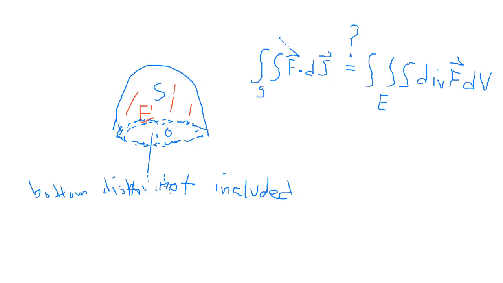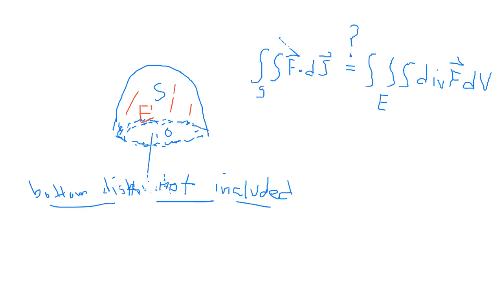Can we use the divergence theorem in this case, where our surface S is just the open paraboloid? It does not include the bottom disk. So it's an open surface. The surface is not closed. It's open on the bottom.